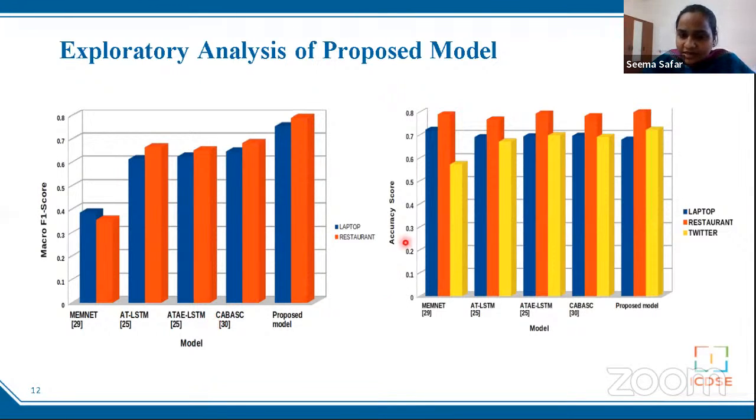Talking about accuracy, you can see that the proposed model shows equal results, because it is not compromising accuracy even when we replace the attention layer.